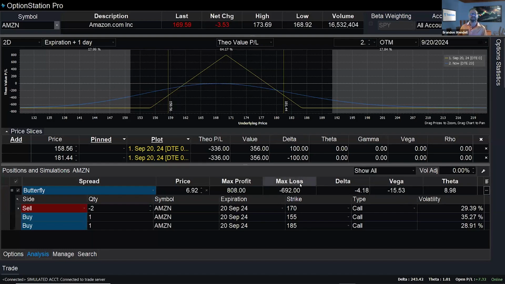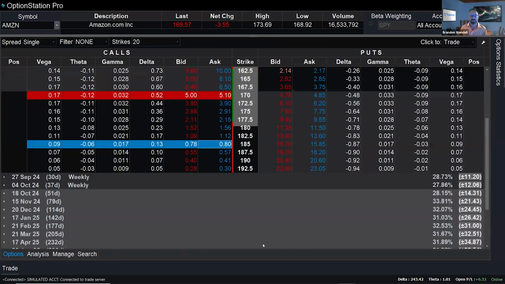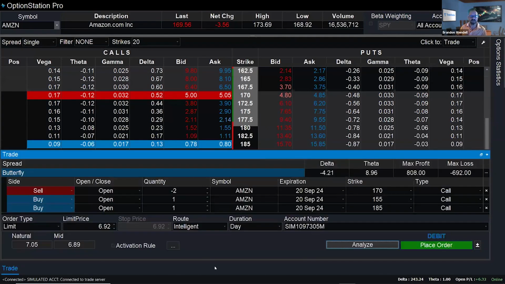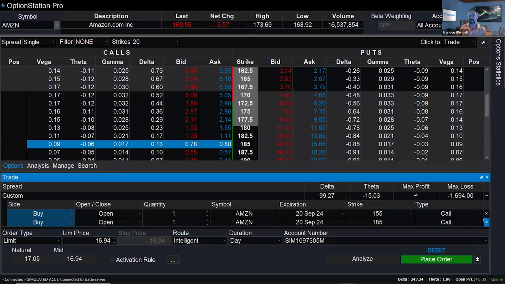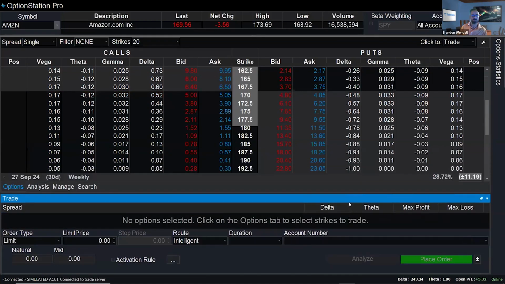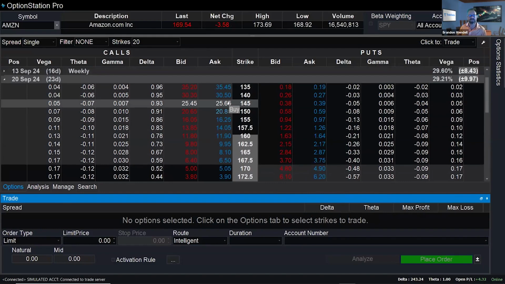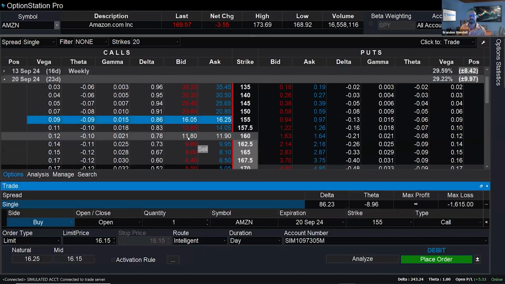We've changed our theta. We actually should keep both of them there. Let's try that just to compare the two. Again, I'll go back under trade. There we go. And remember, I was using the 155, 160, 180, 185 call condor.